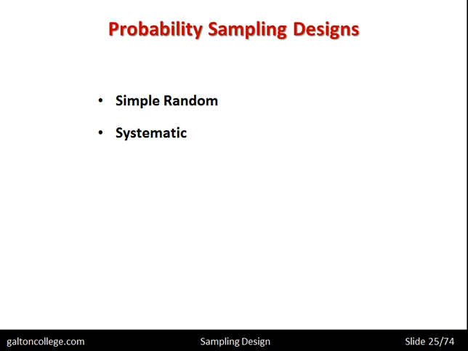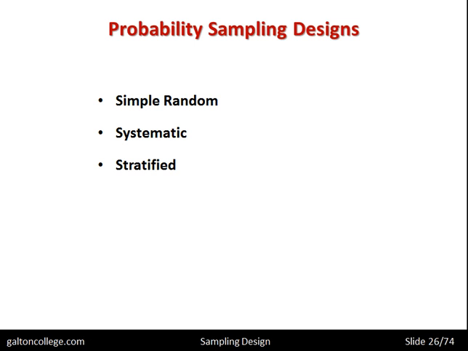So we might be just looking for female consumers of a certain product, or we might be looking at consumers over a certain age for a certain product. And we might be doing the systematic by taking every 4th customer or every 10th customer.